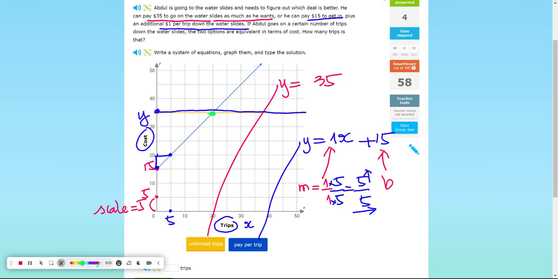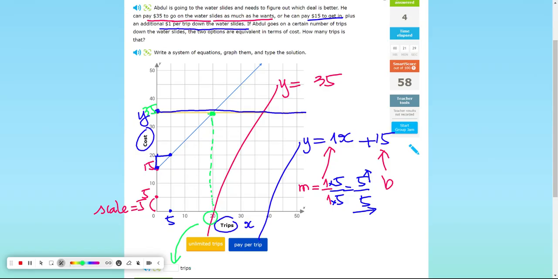I can do a little fancy. Let's do this. So what does it mean? It means if he do 20 slide, so both plan will have the same cost, which is $35. Okay, so right there, so 35 right there will be in the box.